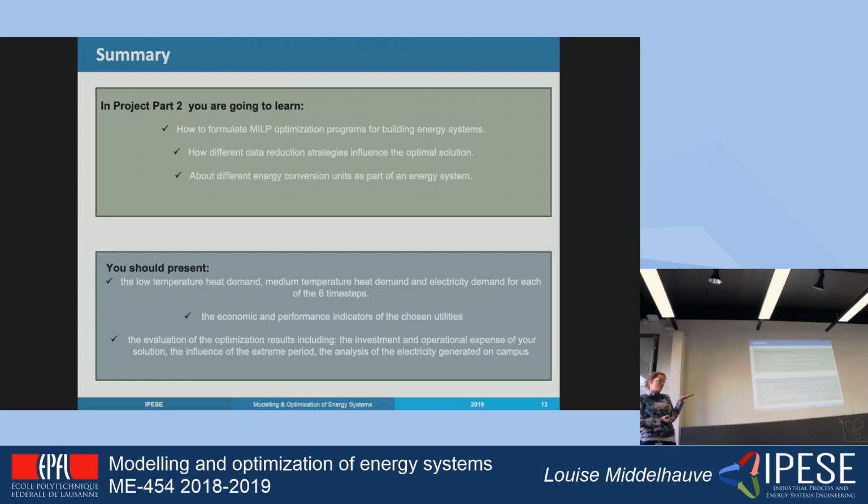So you're asked to include all the buildings. I don't want to see building-specific characteristics, but from an energy system perspective, what is the heat demand, high temperature, low temperature, and electricity demand for the campus? What utility did you choose, and how did you model it? And the last one is the evaluation of the optimization results, which is the content of your presentation in 2 weeks.